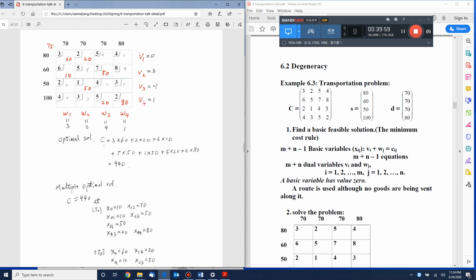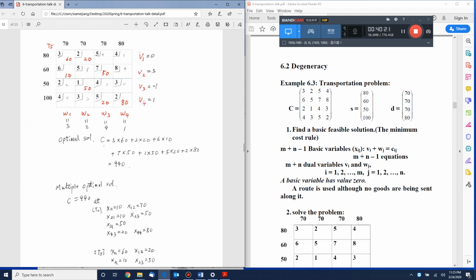And now let's check the value. We just work out all the values: cell 1 is 3 multiplied by 60, right? And plus 2 multiplied by 20 and 6 multiplied by 10. We just write down all of this. We found that the value is 940.